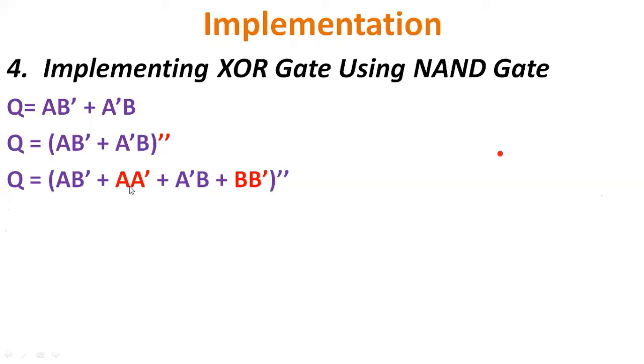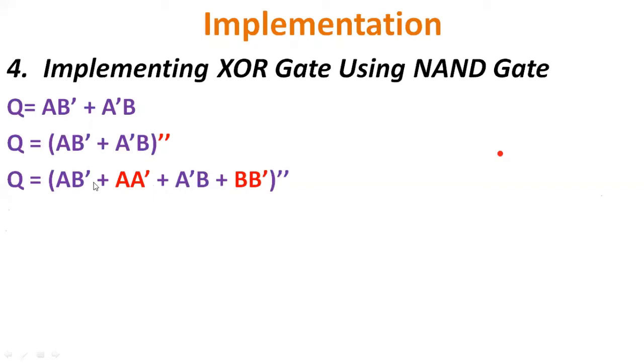Because a into a bar is 0, and adding the 0 value to any term does not change the meaning, right? So why did I add this a into a bar and b into b bar? Because we want to convert these terms using NAND gate.